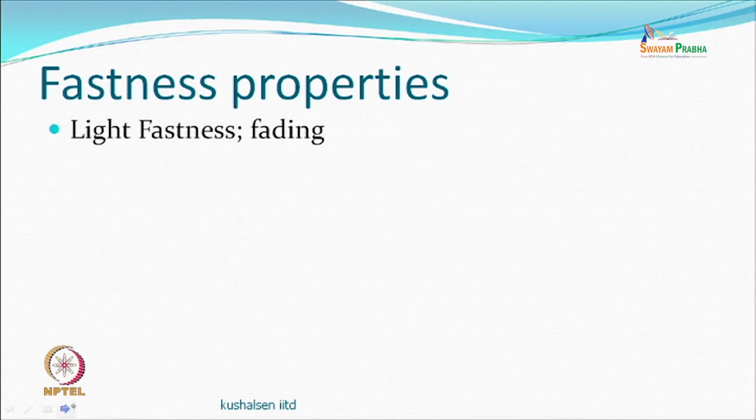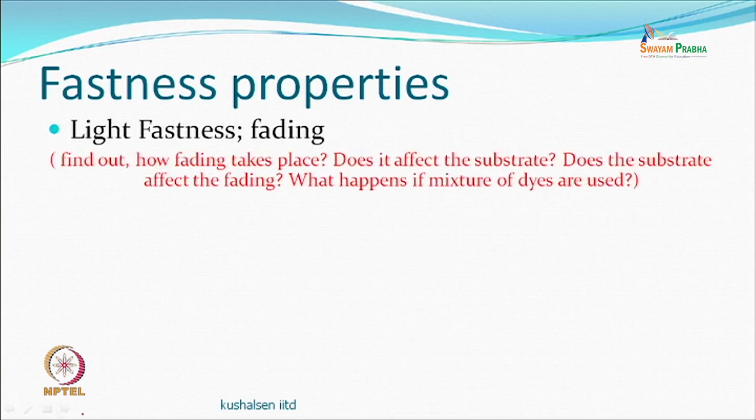So, we are just saying the same thing. Light fastness also, because certain portions of the garment are exposed fully, certain portions of the garment are exposed less, and if the fading is not happening at the same rate, then the shade change takes place.